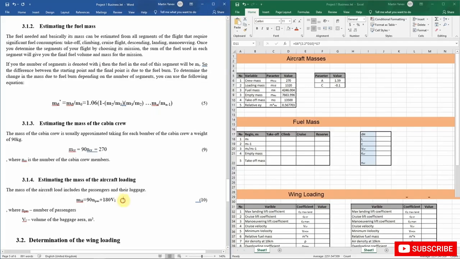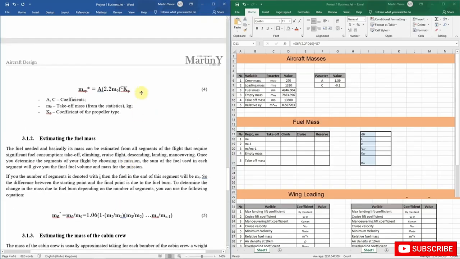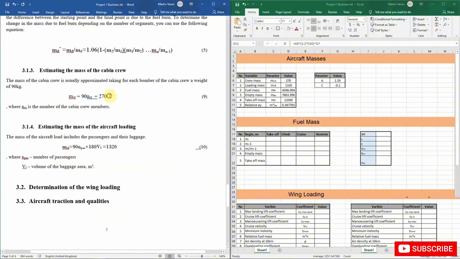The loading mass is going to be equal to 1320, and the empty mass will be equal to 7664. This is going to be in kilograms, and for the rest of the masses I'm also going to add kilograms, just to be certain.